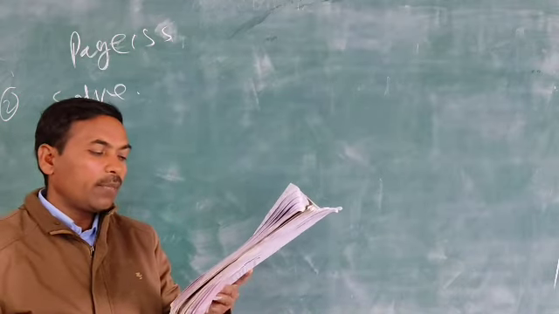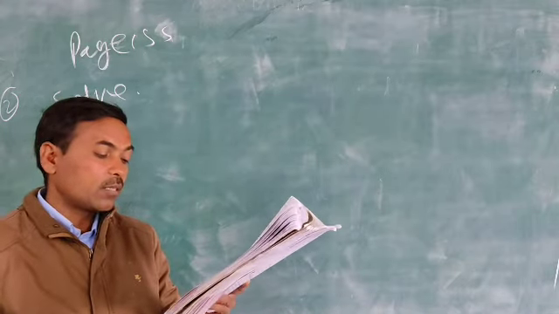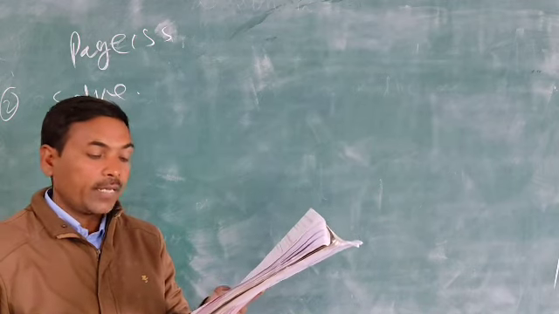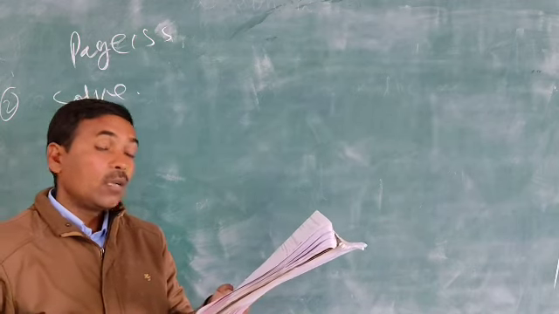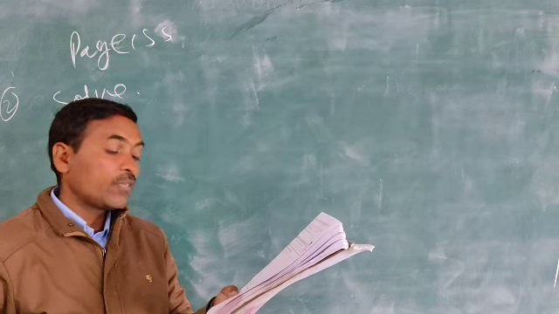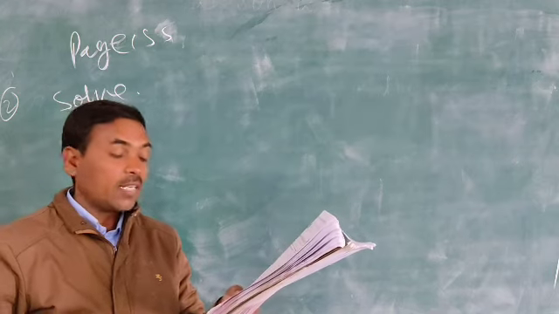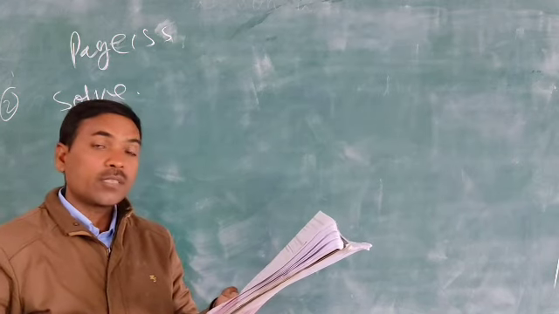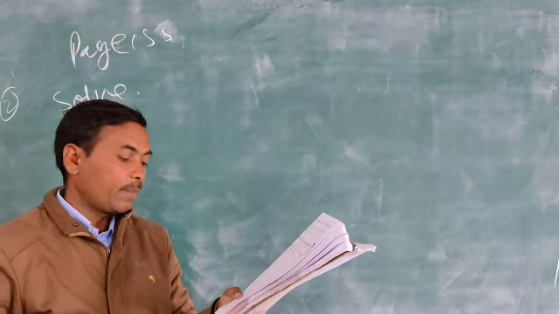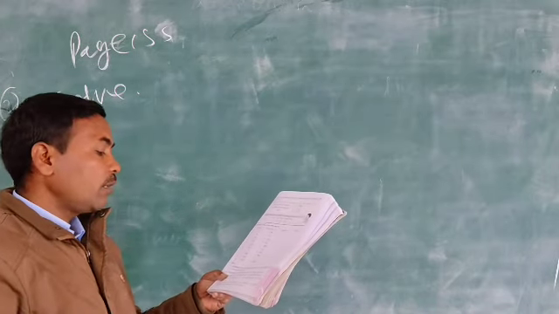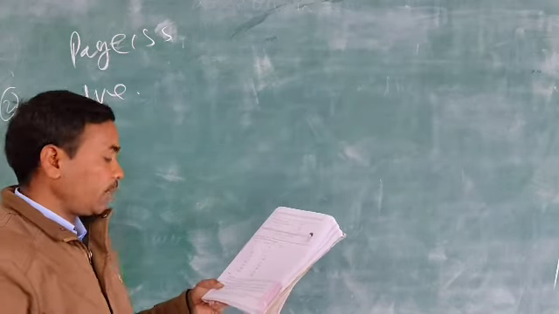A party bought an almirah for 5,360 and sold it for 5,238. Find the loss. I think you can identify which is cost price and which is selling price. The price at which articles are bought is the cost price, which I have discussed already. So here CP of an almirah is 5,360.